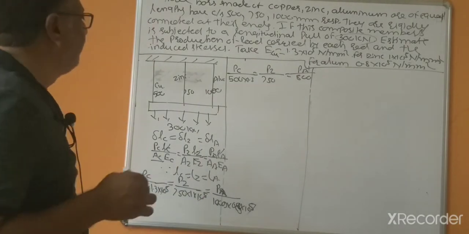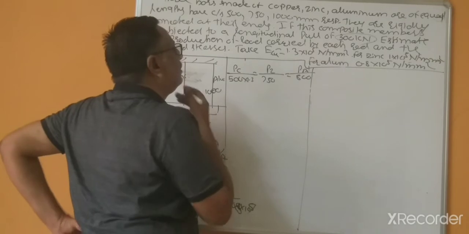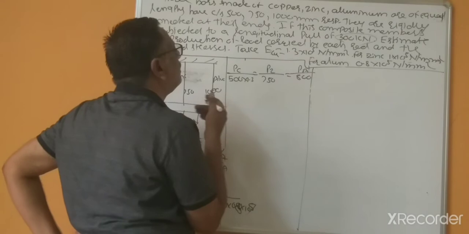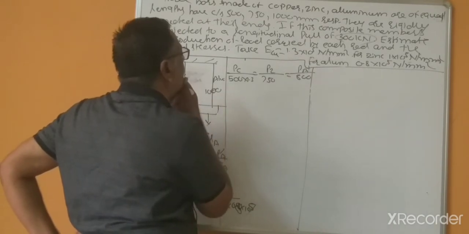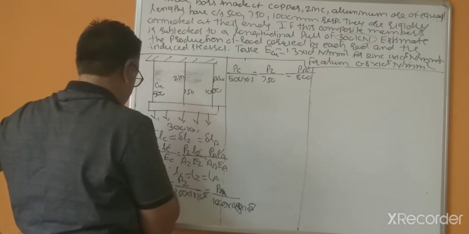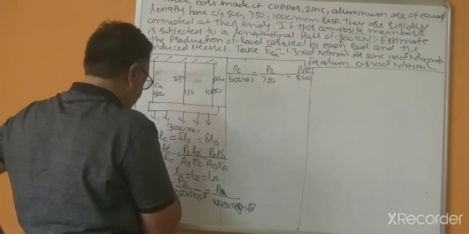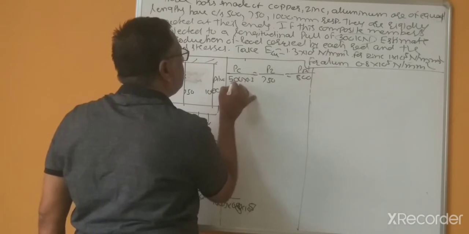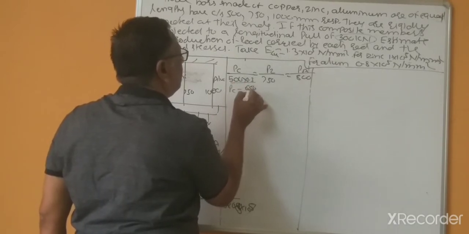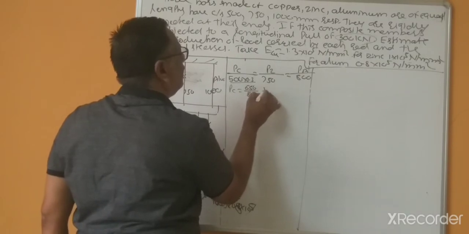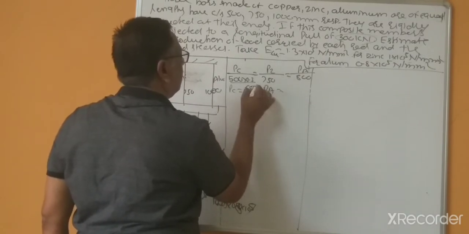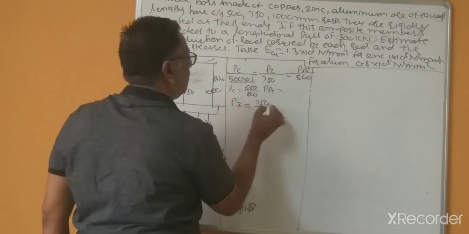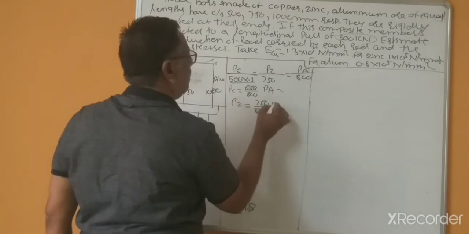Right? Now this is load shared. So can I write PC equal to 1.3 means 650 divided by 800 into PA, and PZ equal to 750 divided by 800 PA.